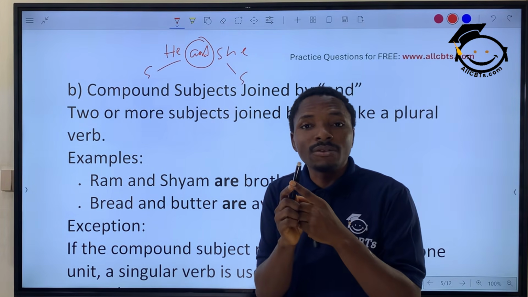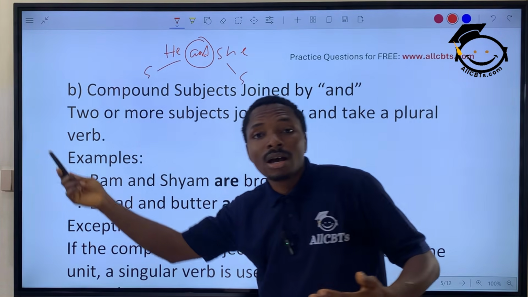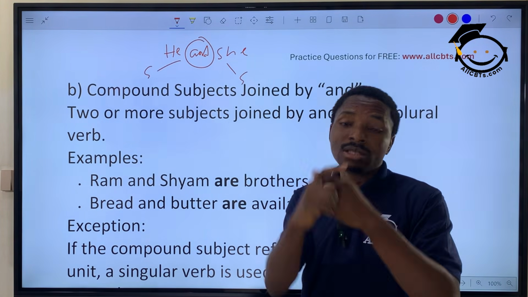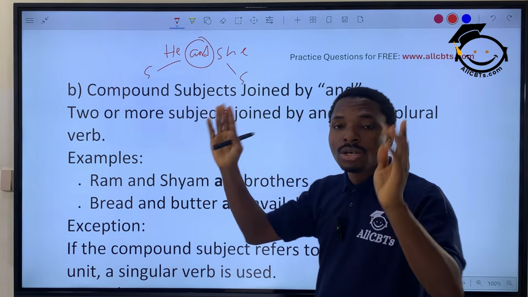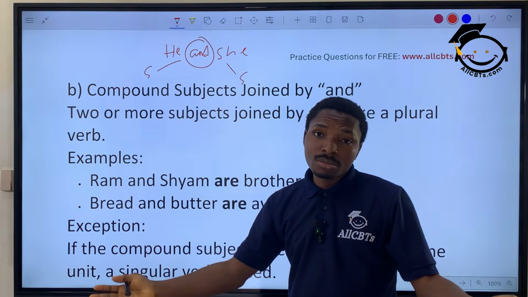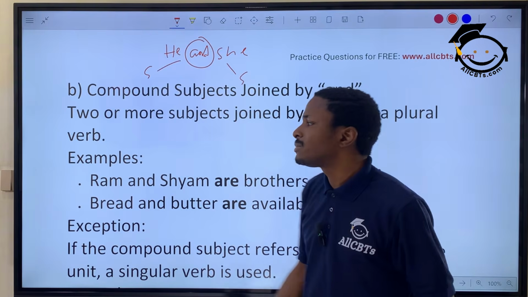Now that they've come together, they've become two persons. So they need to take the plural verb, because the singular subjects coming together now form a plural subject. So the verb has to be in the plural.